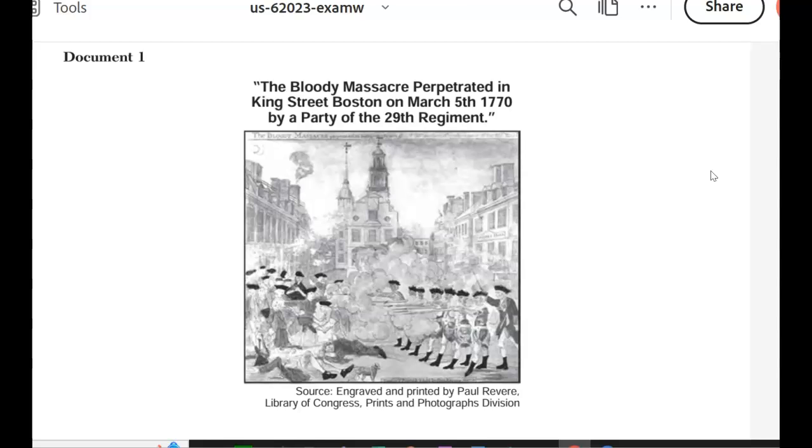Then you have to take document one, and again, it could be either one, but you have to go with the one the Regents picks. They pick document one and talk about its reliability. Paul Revere was biased against the British.